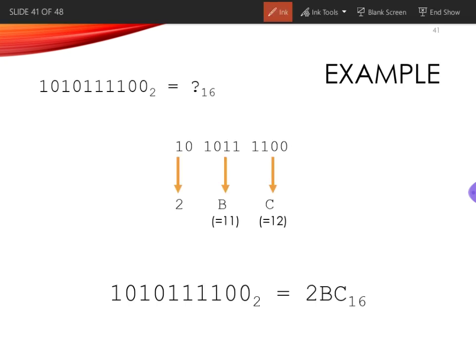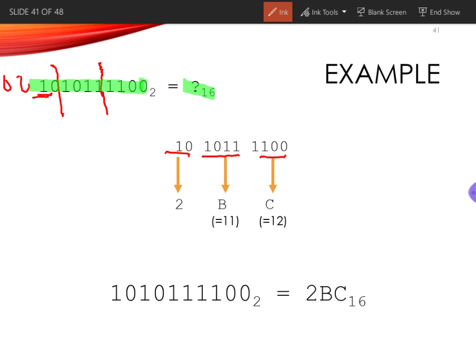So let's say you have this binary number here and we would like to find the hexadecimal equivalent. We start breaking it down in 4s from the right. So it's 1100 and then 1011 and then we have 10.